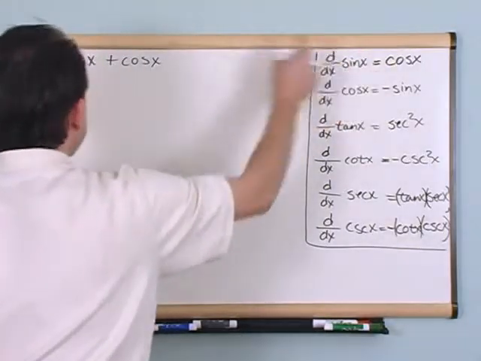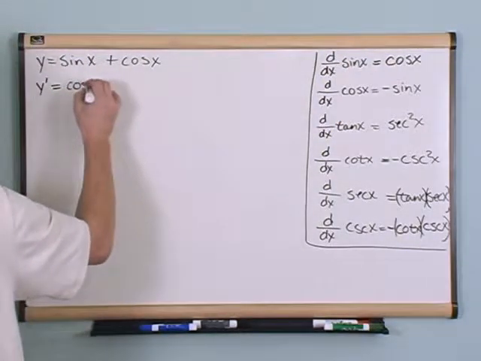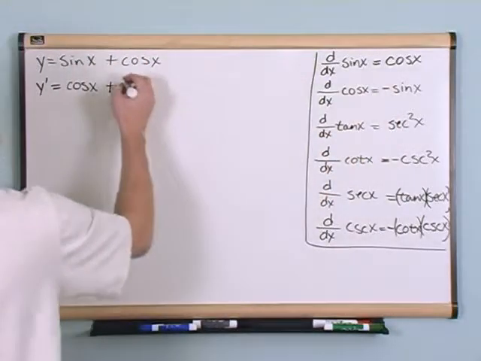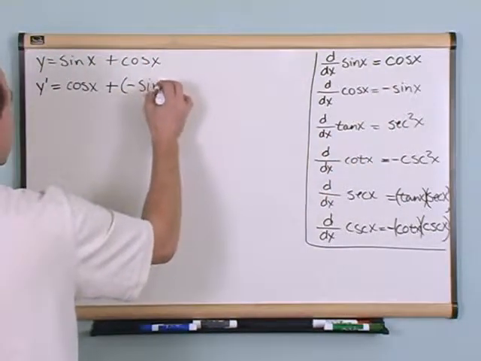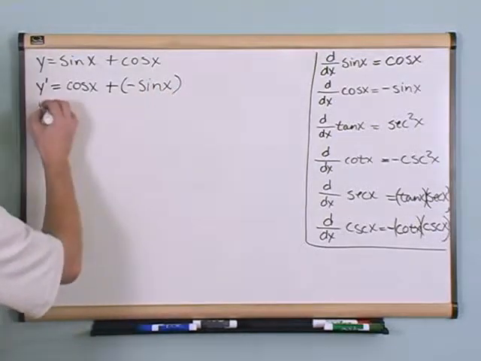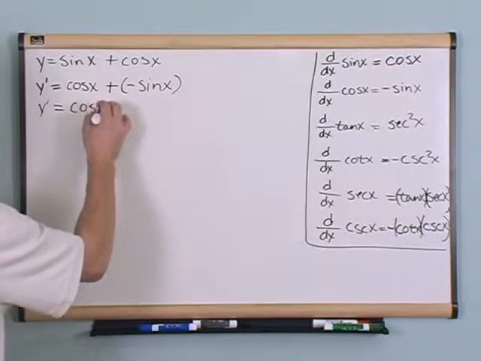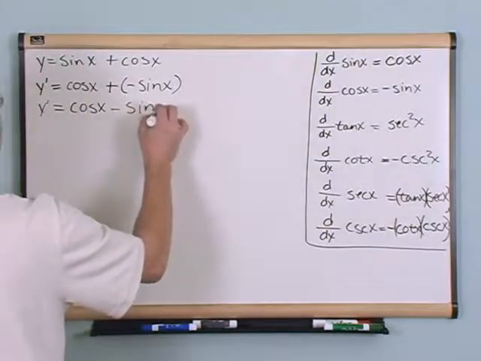Derivative of sine is given by cosine. Derivative of cosine is given by negative sine. And so then you'll just say on your test or your homework that this is equal to cosine of x minus sine of x.